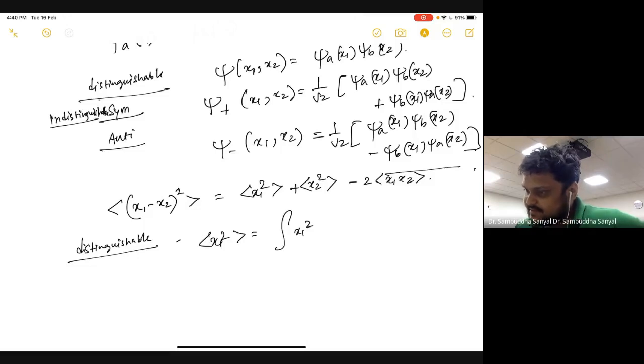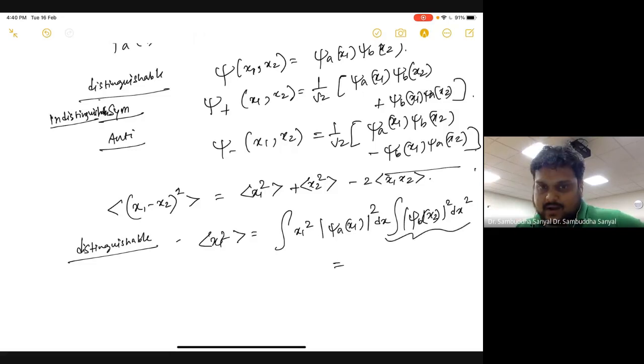It is the integral of psi a x1 square times x1 square dx1, times the integral of psi b x2 square dx2. The second part will give me 1, because they are single particle orbitals, so their square over the entire space has to be 1. The first part will give me x square average in the a state.